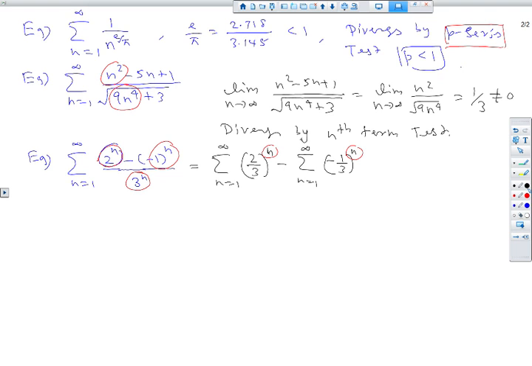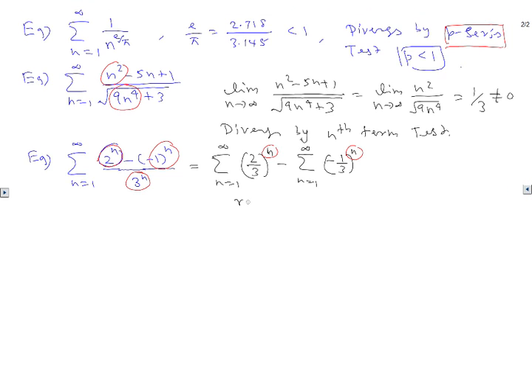So good. Now what we can do, we're going to look at the rest of the things. You can see r, in this case r is 2/3. Once you take the absolute value, it is less than 1, so it's going to converge. The other one is r equal to negative 1/3.